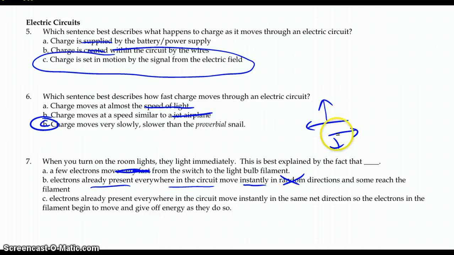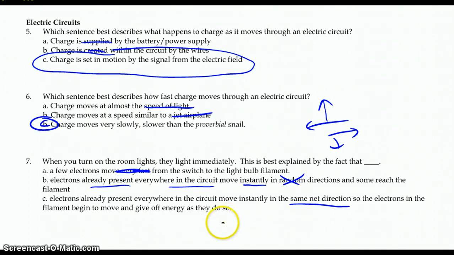They all will move overall, as an average, against the direction that the electric field sets up. So the ones that are already present everywhere in the circuit move instantly. All that's the same as part B, but now it's the same net direction, and therefore the electrons that are already close to the filament of the light bulb turn the light on. They give up their energy as they go through it and make it turn on.